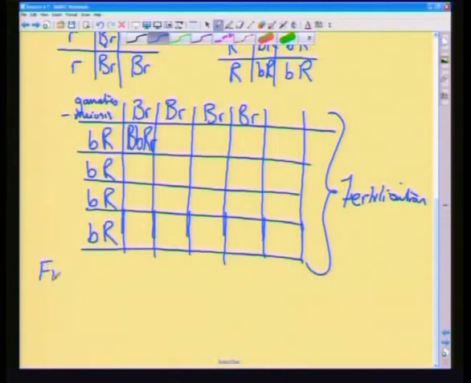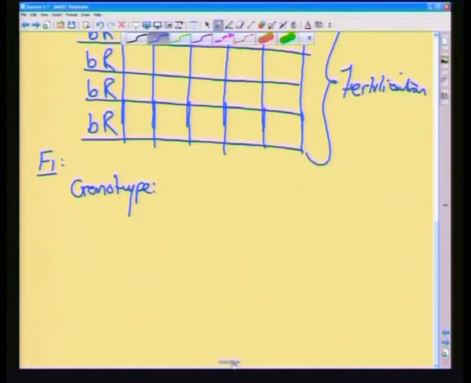So F1, what do we have? In the genotype, in other words, what is in the genes? We are going to have capital B, small b, capital R, small r, all of them. So the genotype, 16 out of 16 will be capital B, small b, capital R, small r.